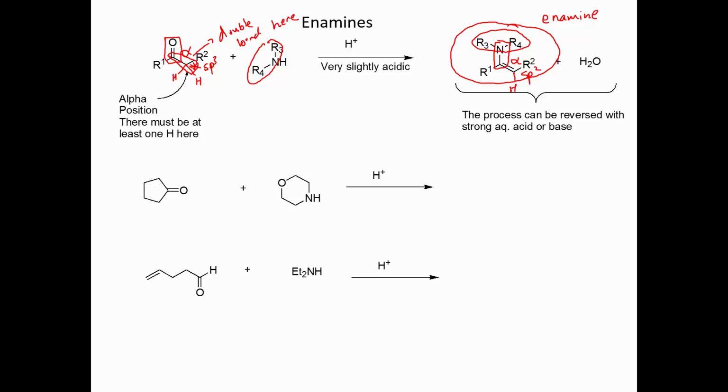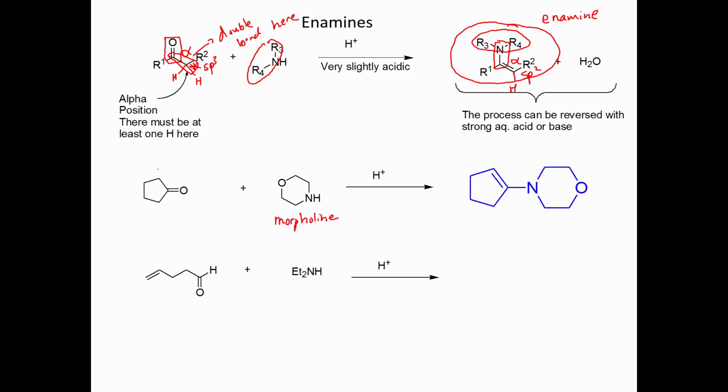Okay, so let's look at some enamine forming reaction equations. Let's try and complete these two right here. Okay, so when we look at cyclopentanone reacting with this amine, this is a very common one used to make enamines. This is called morpholine. Our product is going to be this enamine right here.